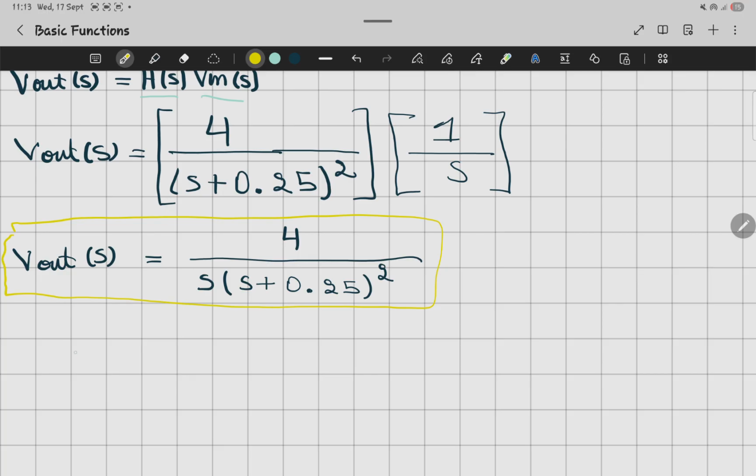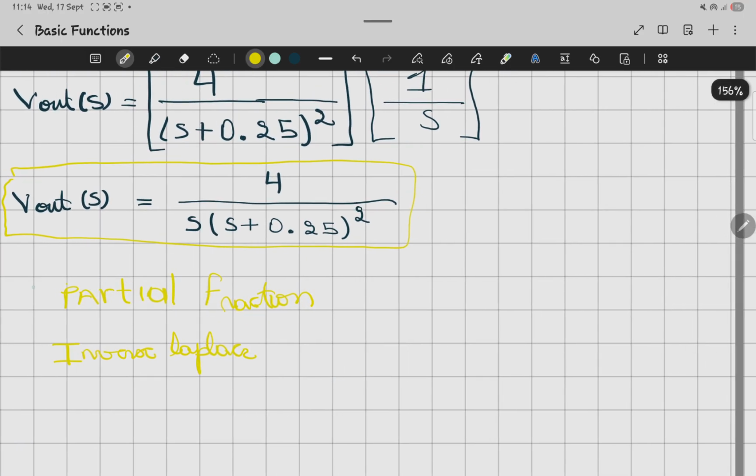If there's no formula, you need to go for partial fraction. I will see later if I can give you an introduction to partial fraction, and then after partial fraction you take the inverse Laplace.